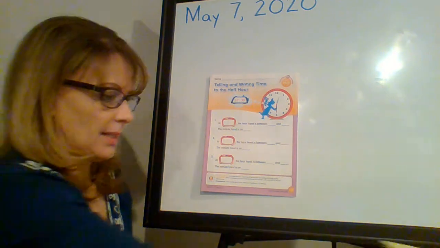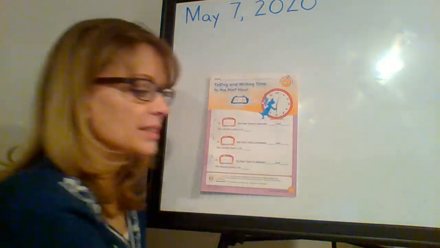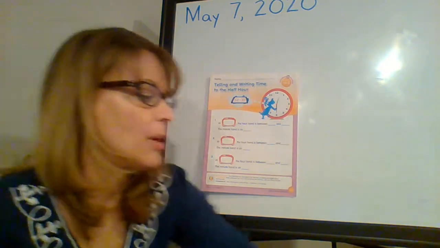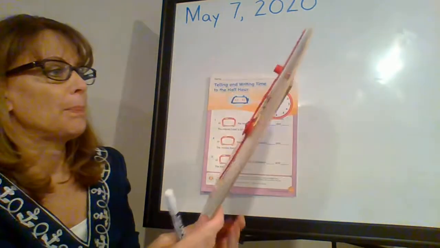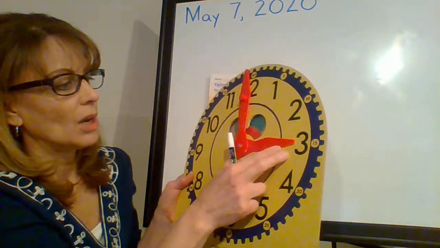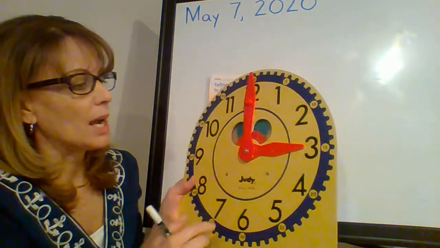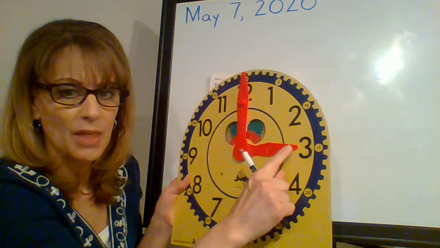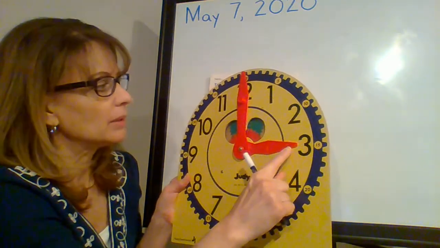So today we are going to take the next step and talk about half hour. So when this is on 3 o'clock, what I want you to understand is that the hour hand is directly on the number of the hour.